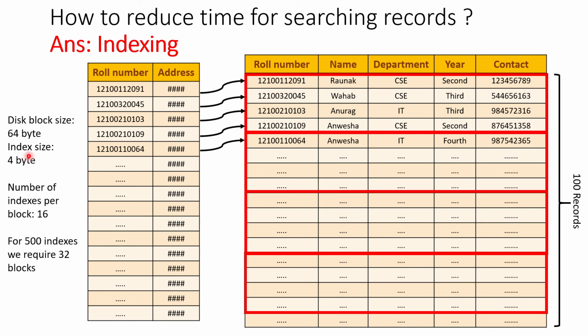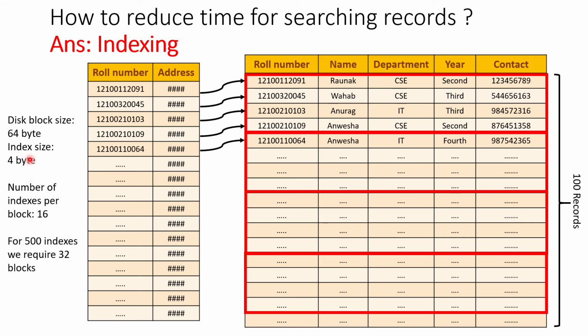Assume that this index size is 4 byte. Now we have seen that this particular table takes a total of 125 blocks. How many blocks will this table take? According to these two assumptions, I can say the number of blocks required to store these 500 indexes is 32, because the index size is 4 byte.